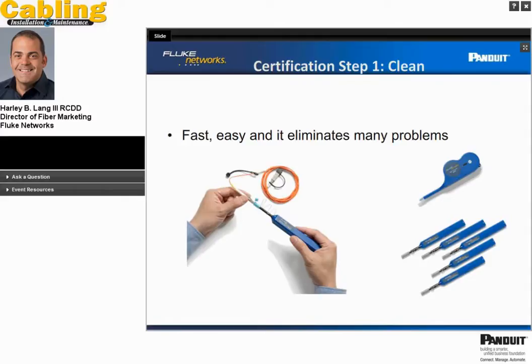But certification testing does a lot more. There are two parts of certification testing. Basically, in a nutshell, when we do a Tier 1 certification, which I'll explain over the next few slides, we're comparing the loss that comes from the events and all the cabling within a channel or a link to an industry standard.